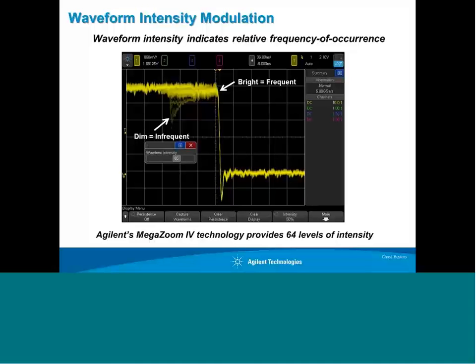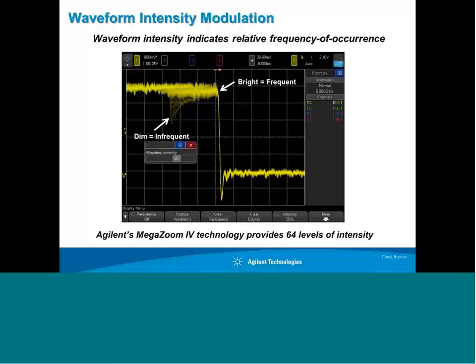Some of you that have been around for 25, 30 years, such as myself, may have used older analog oscilloscopes. This is a natural phenomenon of an older analog oscilloscope. They display waveforms that occur more frequently brighter, as signals are captured and swept across the screen. If they're more infrequent, they display them dimmer. So it gives you intuitive visual feedback for the relative frequency of occurrence of signals.